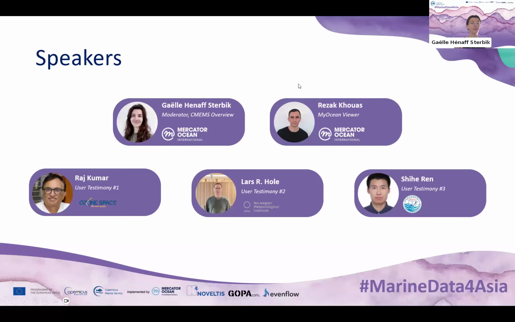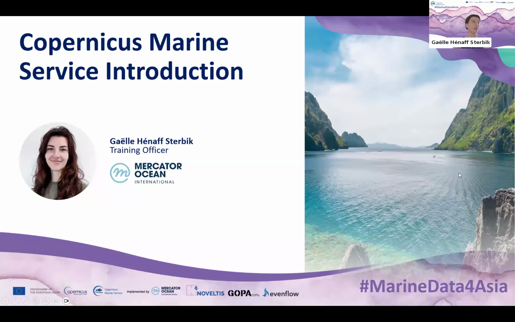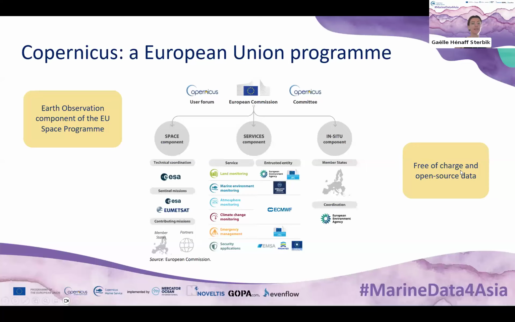Let's start with the introduction to the Copernicus Marine Service that I will give you. Copernicus is the Earth observation component of the European Union space program, dedicated to monitoring our planet and its environment.